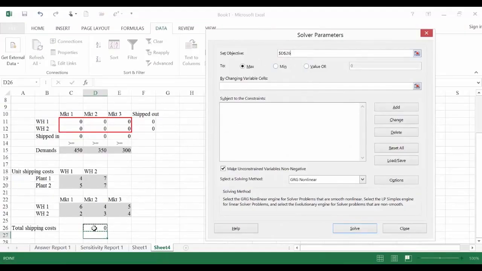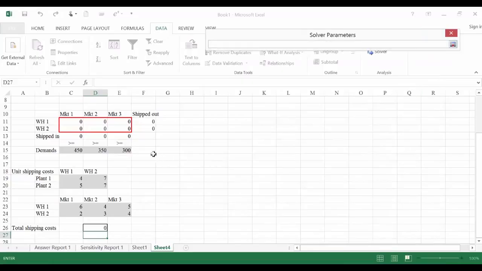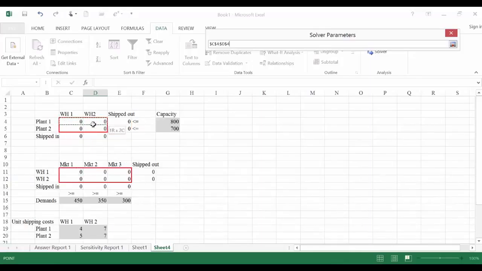Our target cell is this one here, total shipping costs, which we try to minimize by changing first the amounts shipped from different plants to different warehouses. I'll put a comma here, then the second range of our decision variables.